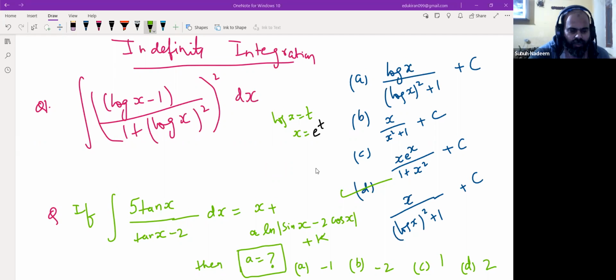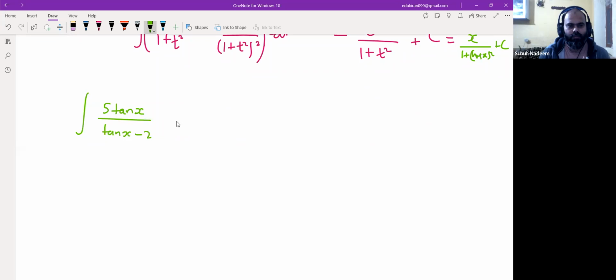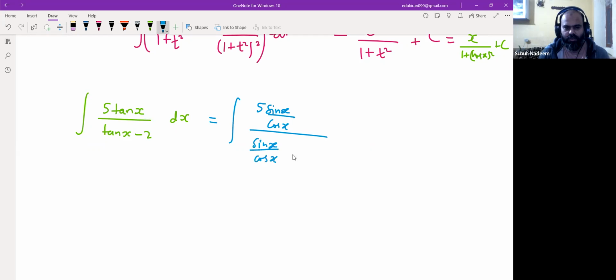So 5 tan x by tan x minus 2 will be equal to 5 sin x by cos x, by sin x by cos x minus 2, dx. It will be 5 sin x by sin x minus 2 cos x. Yes, have you got this?